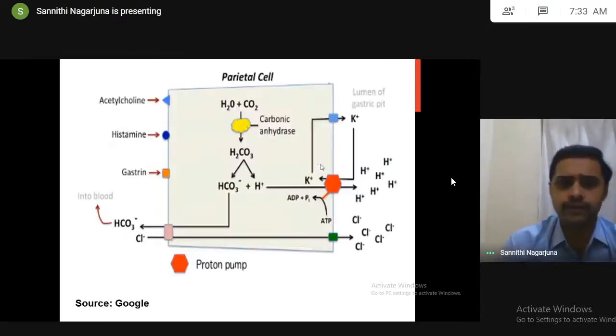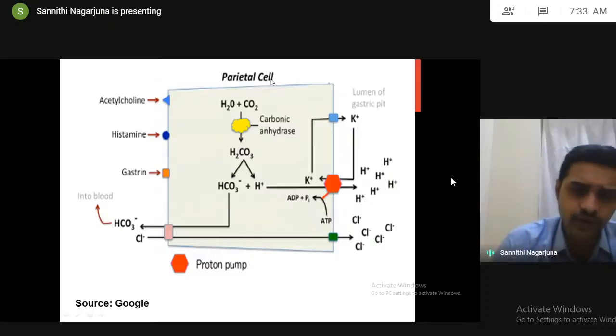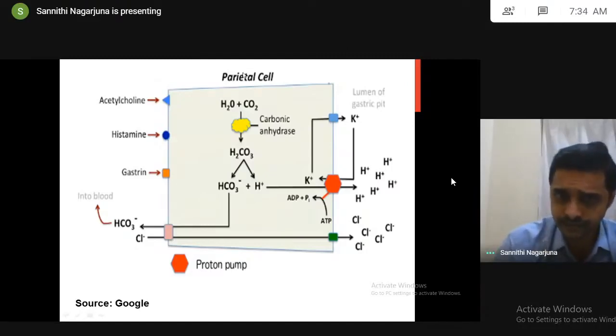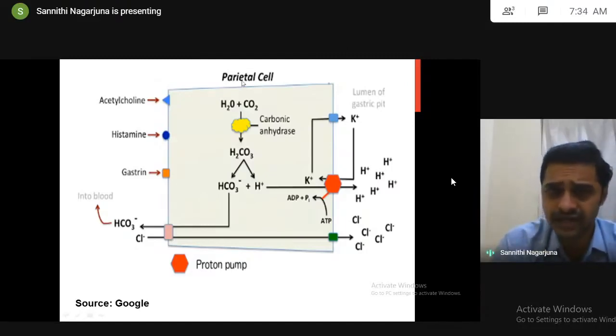Now let us see how acid secretion takes place, just for representation. If you consider the parietal cells, as I told you, the parietal cells are located in the stomach. Their duty is release of acid. These parietal cells release acid with the help of a proton pump.